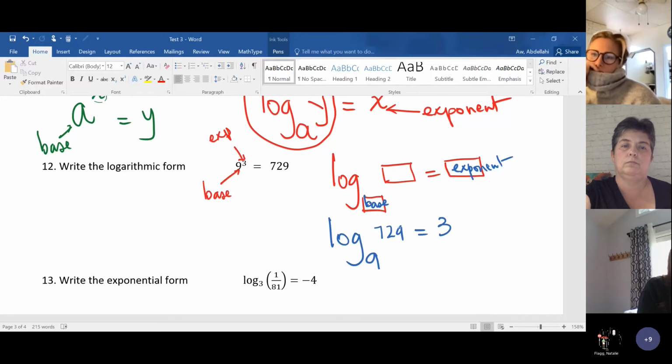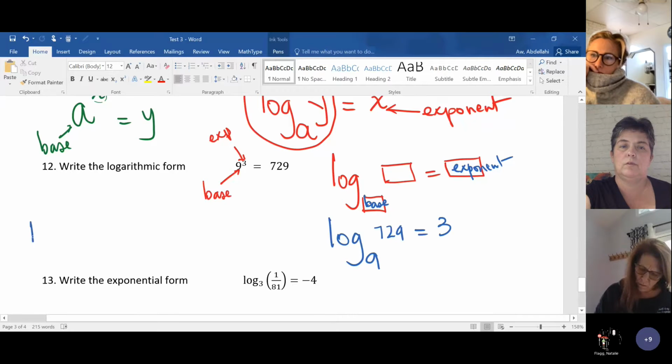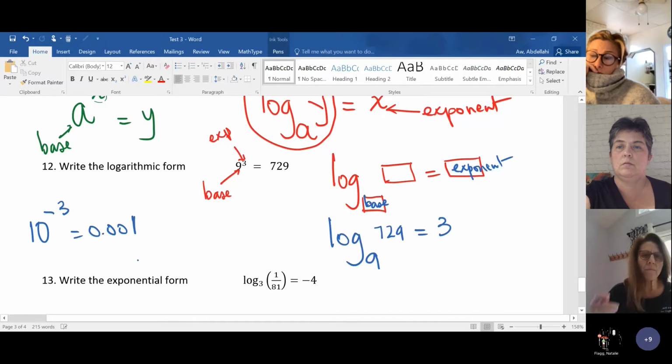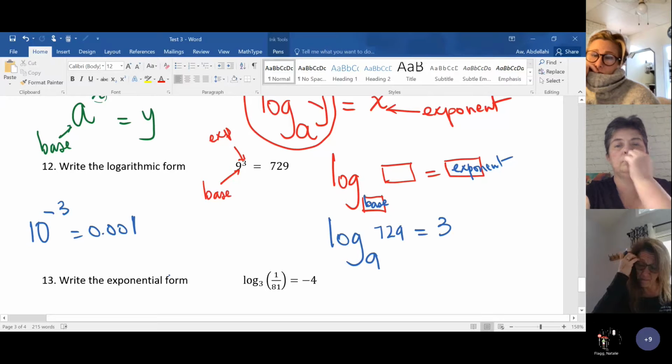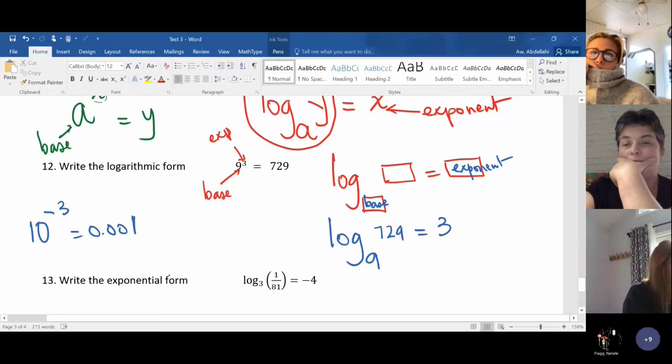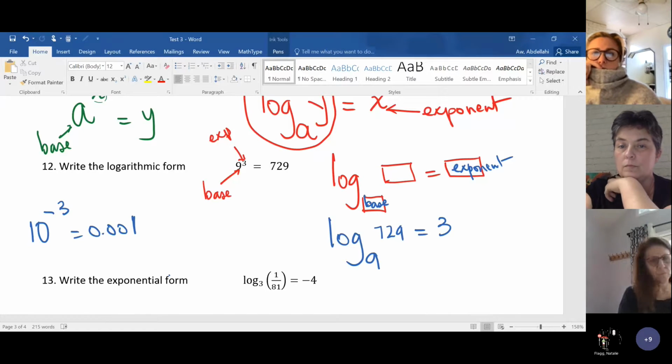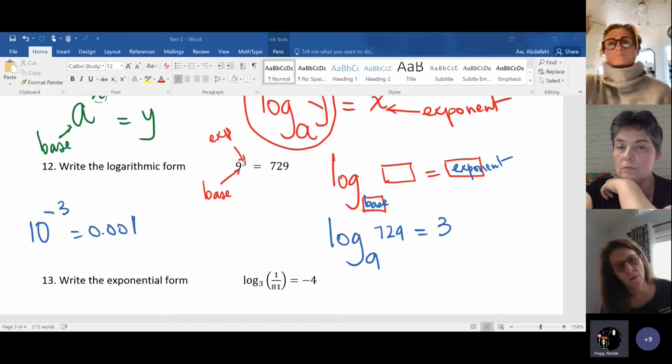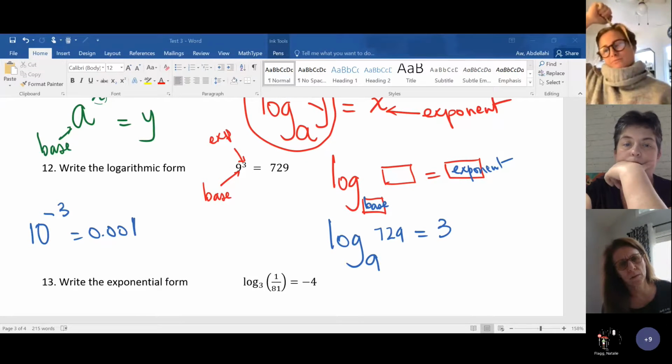Now, if I do this: 10 to the negative 3 is equal to 0.001. Who's going to tell me what the log form of this is?